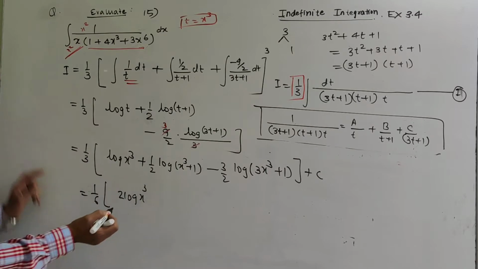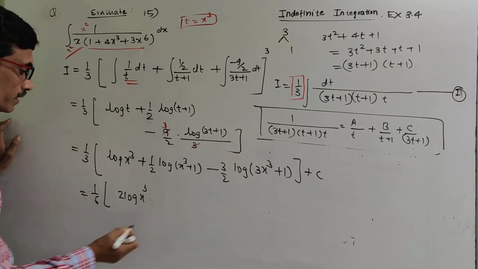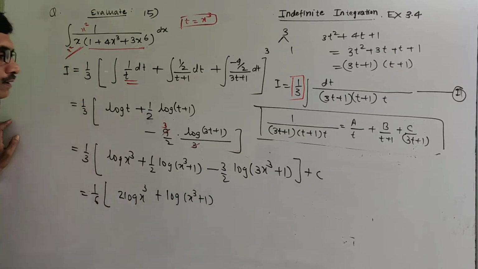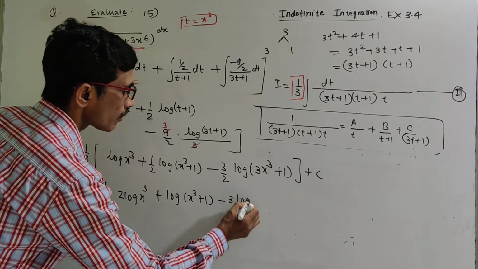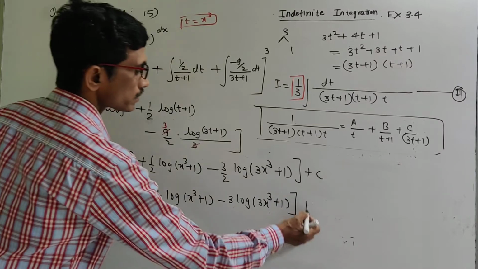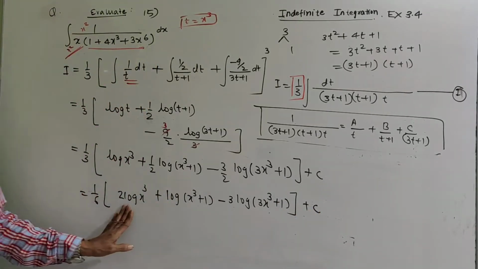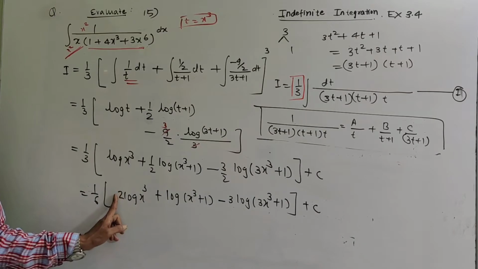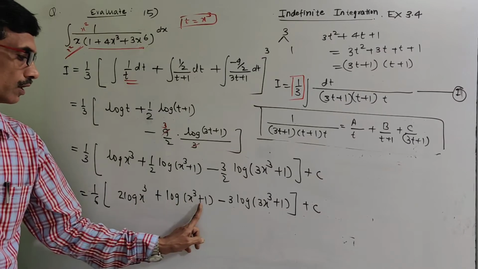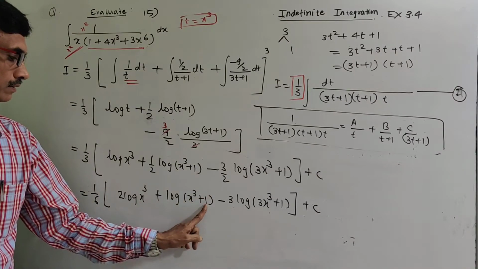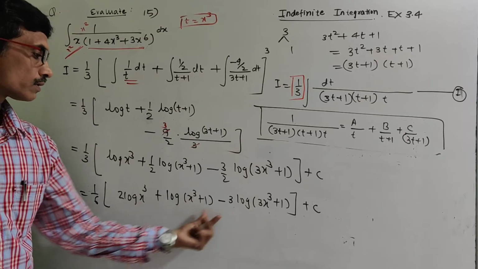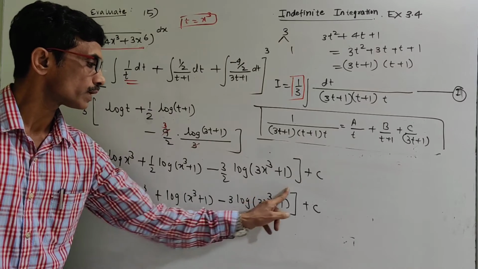Then after taking 1 by 2 common, log of x cube plus 1 minus 3 log of 3x cube plus 1 plus c. This whole term together we can write as log of x cube raised to power 2, it is x raised to power 6, into log of x cube plus 1, and this 3x cube plus 1 will go in the denominator and raised to power 3.